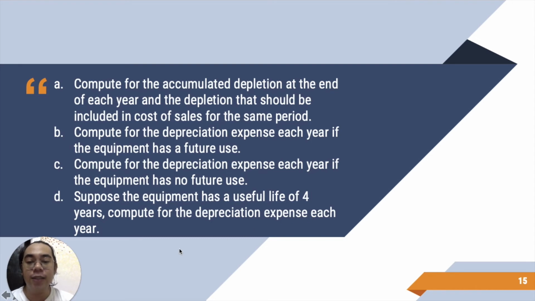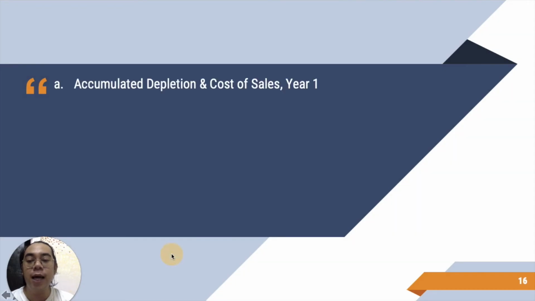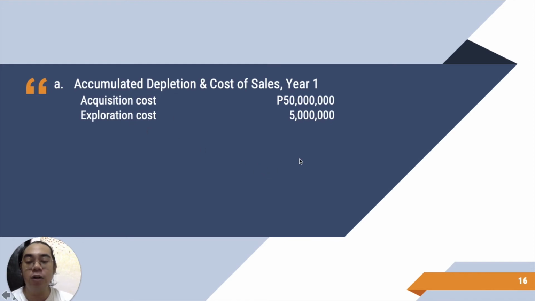Okay, so let's start with computing the accumulated depletion and cost of sales for year 1. So for year 1, the cost of wasting asset consists of the acquisition cost, 50 million. Then we have exploration cost, 5 million. Development cost related to extraction, 7 million.